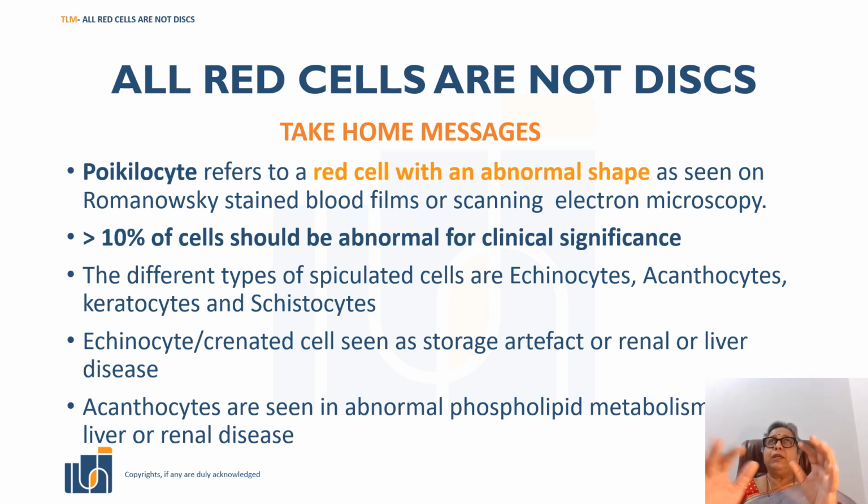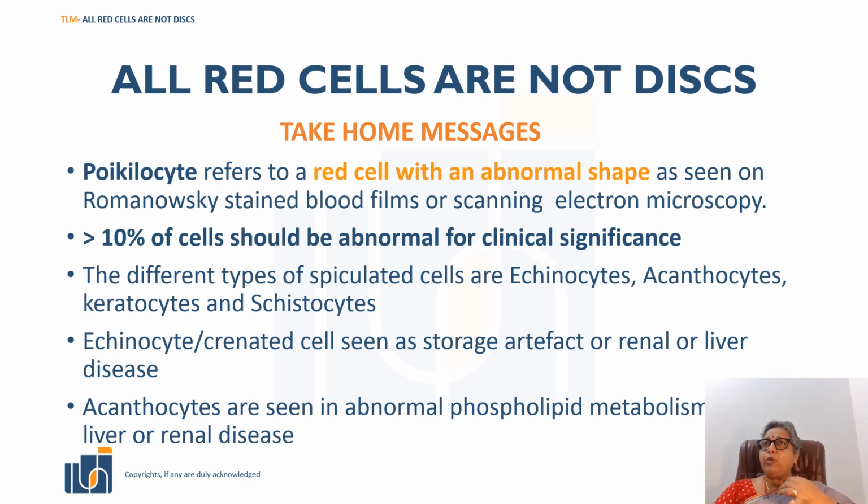So we've covered the speculated cells. What I want you to understand is that a poikilocyte is a red cell with an abnormal shape as seen on either a Romanowsky stain smear or on scanning electron microscope. Greater than 10% of the total number of red cells should be abnormally shaped for it to have clinical significance.